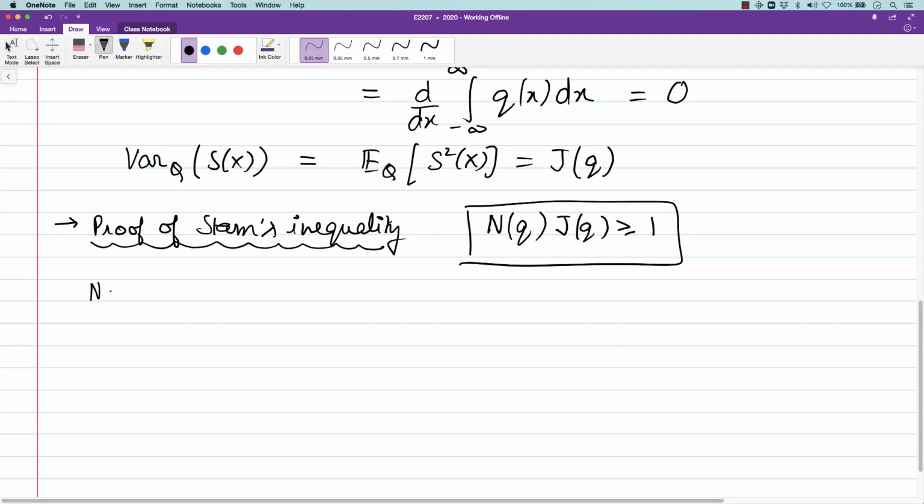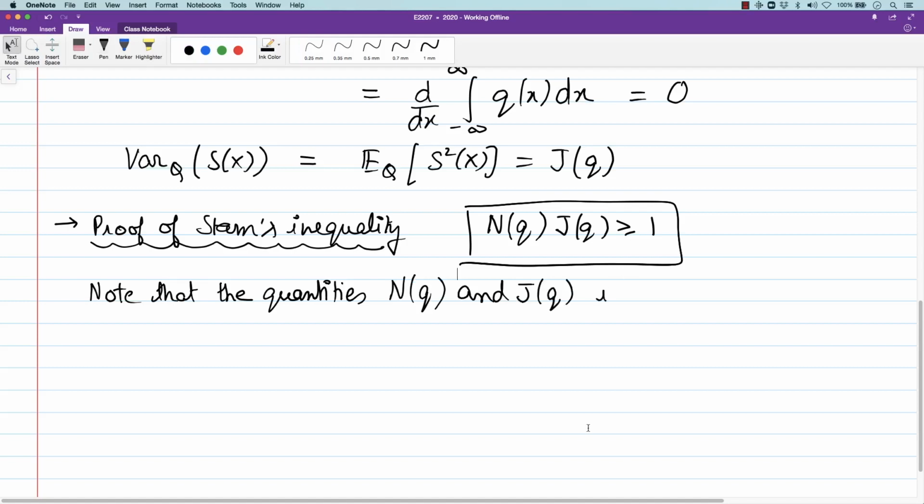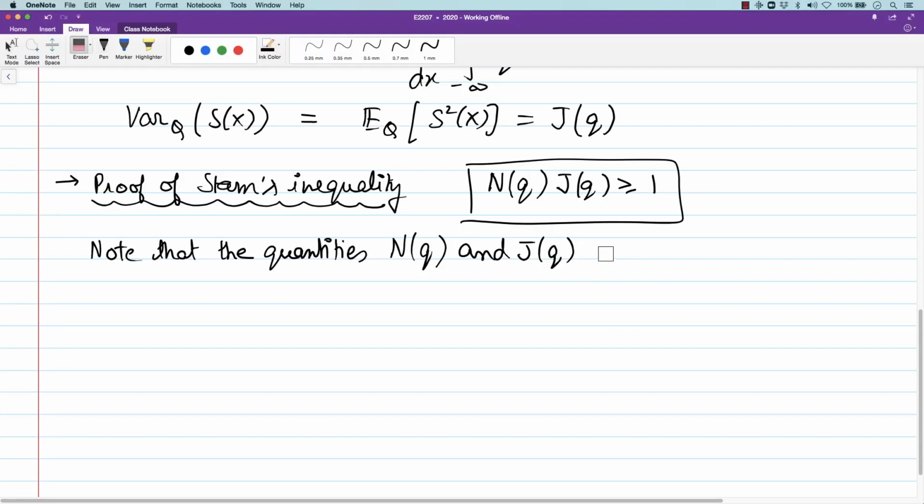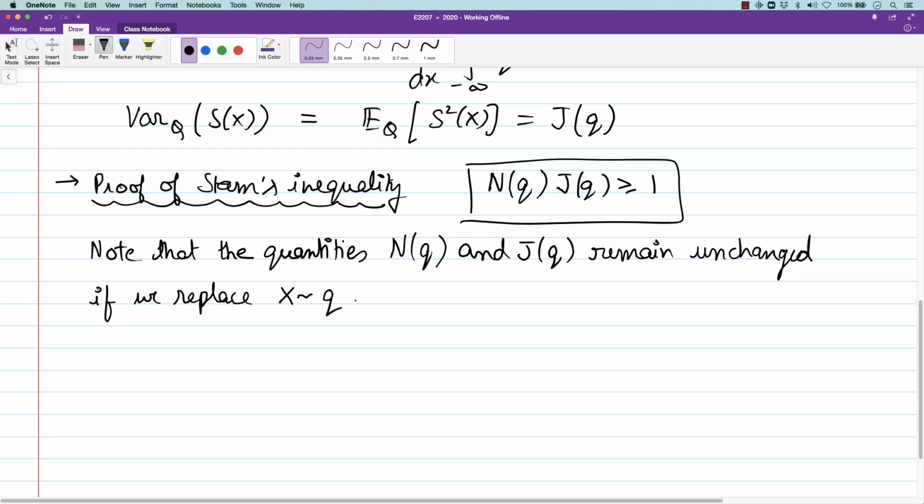Towards this, note that the quantities N(Q) and J(Q) remain unchanged if the random variable X generated by Q is replaced with some scaled version of it, because you can recover X back from it, and these quantities only depend on the distribution as such.